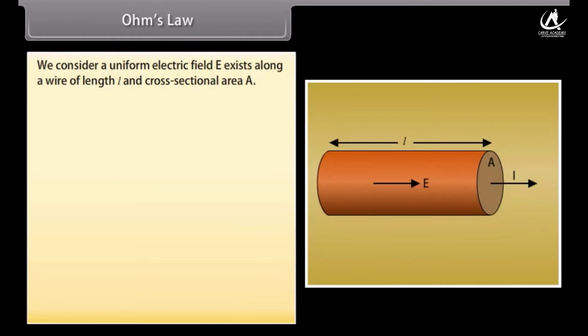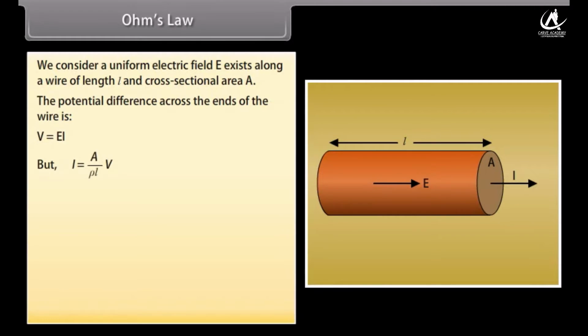We consider a uniform electric field E existing along a wire of length L and cross-sectional area A. The potential difference across the ends of the wire is given by V equals EL, but I equals A upon rho L multiplied by V, where rho is the resistivity of the material.